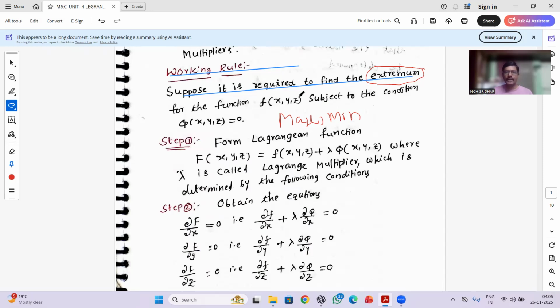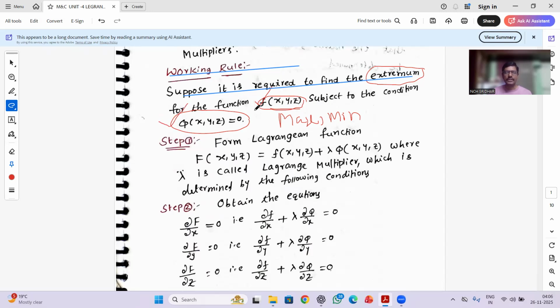Suppose it is required to find the extremum, that means maximum or minimum value, for a function f of x comma y comma z subject to the condition phi of x comma y comma z. That means we are given a function and a condition.